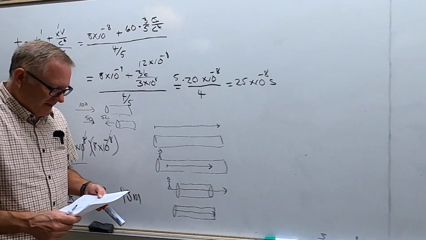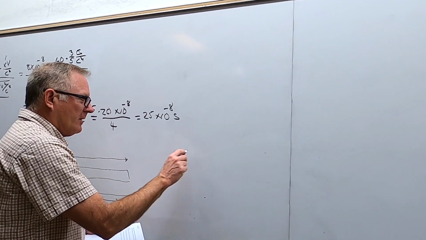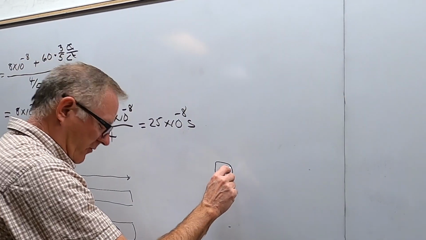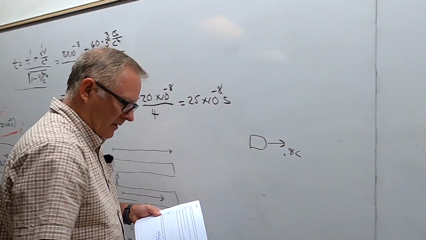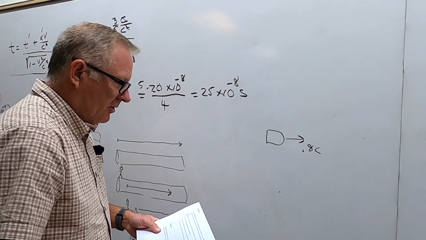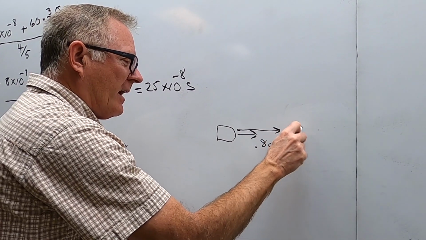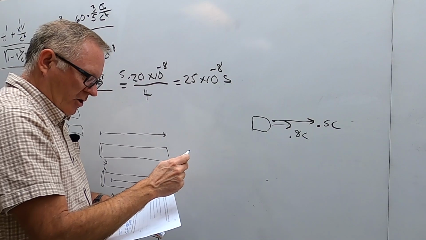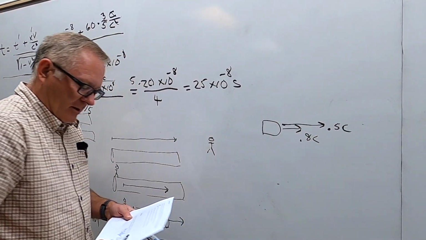The fourth one is, we have a spaceship moving away from an observer, moving at 0.8c. And he fires a missile in the forward direction at 0.5c. And we want to know, what does the person here see as the speed of the missile?